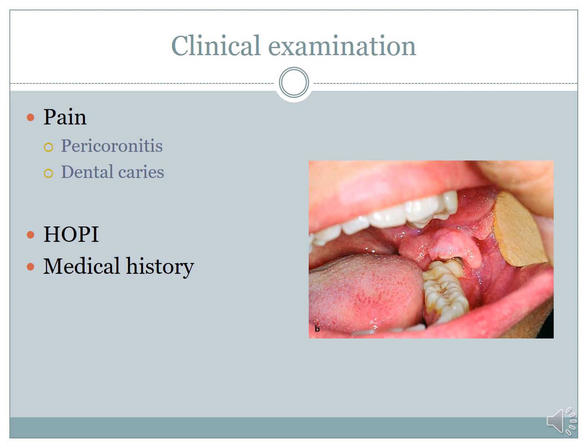So in clinical examination, look for pericoronitis or dental caries, and get the history of present illness and medical history. I suggest that whenever a person comes with pain in the lower jaw, never orient your examination only towards the lower jaw teeth, especially in cases of the third molar region.